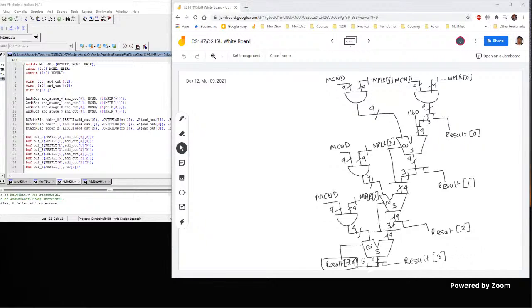Okay, then let's see what goes where. Now these 4 ANDs, you see there are a bunch of 4-bit signals here, right? Coming out of the adder, 4-bit, coming out of the AND, 4-bit.